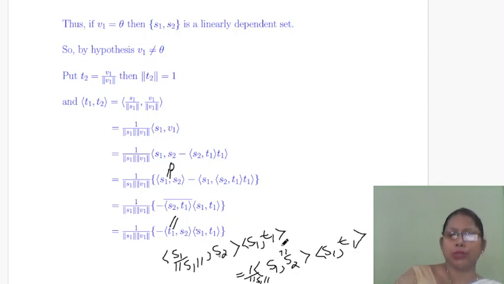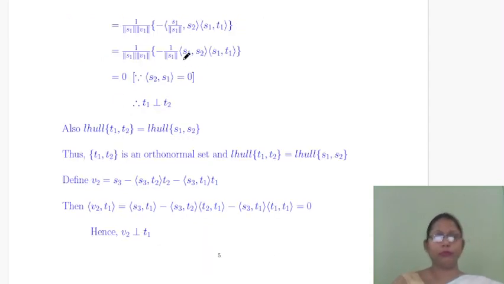This is 0, so 0 times this will give you the whole term 0. Therefore T1 is orthogonal to T2.